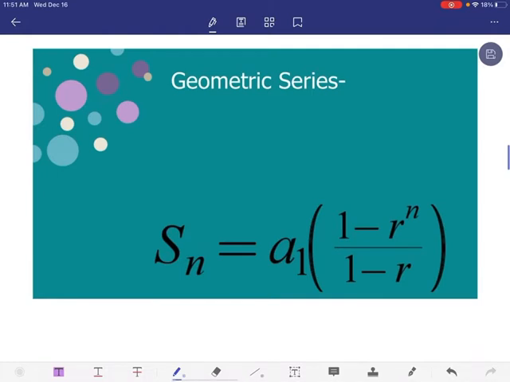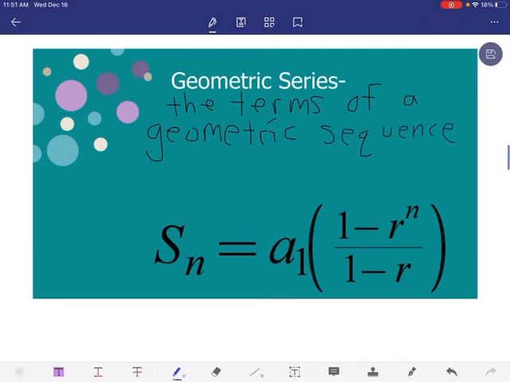Now, in general, remember that a series is basically taking the terms of a sequence and adding them together. So a geometric series is going to be the terms of a geometric sequence added together.